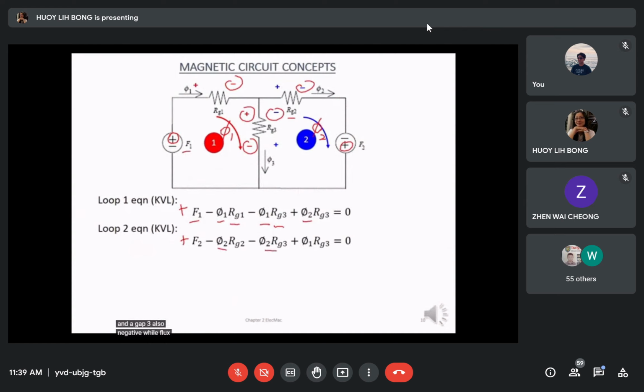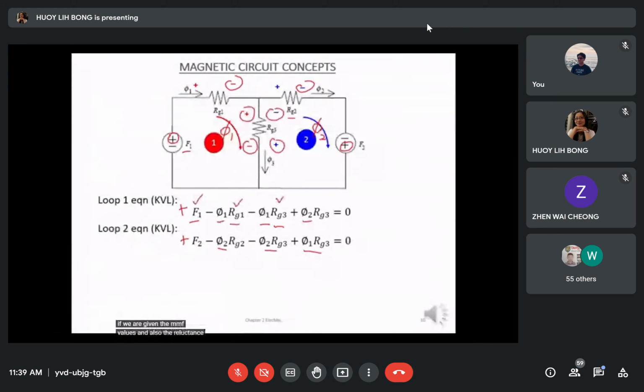While flux 1 is flowing out from air gap 3 at the positive end of the reluctance. Hence, we have these two KVL equations, which we can solve simultaneously to get either the value of flux 1 or flux 2, if we are given the MMF values and also the reluctance values.